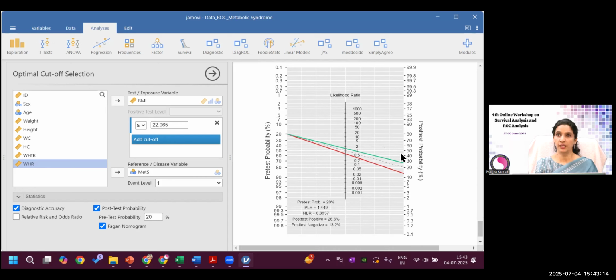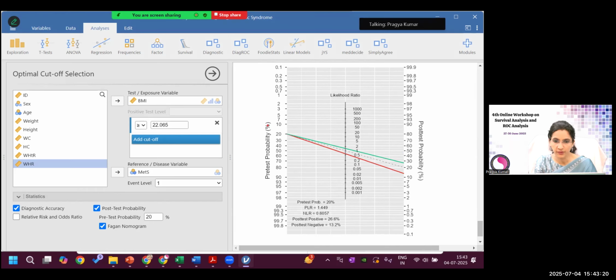So how do we interpret this Fagan's nomogram? If you see, the value starts from 0.1. From up to down, the pre-test probability is increasing like this and the post-test probability is increasing in this direction.